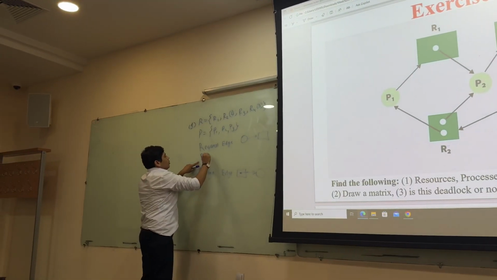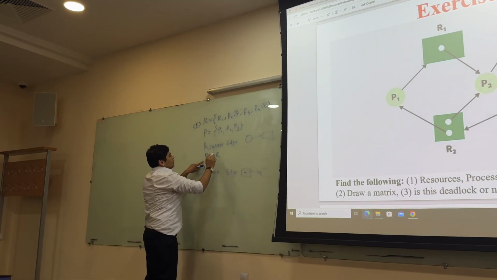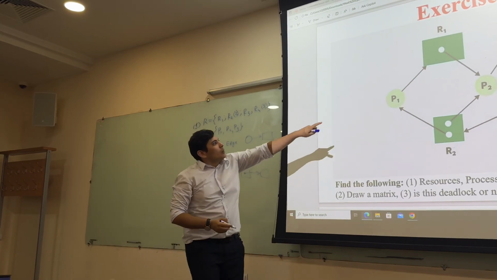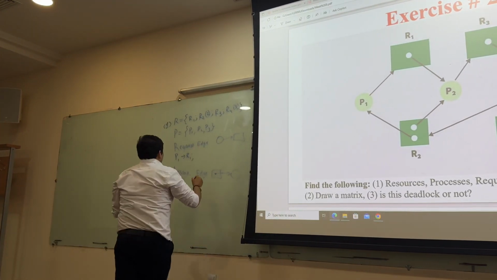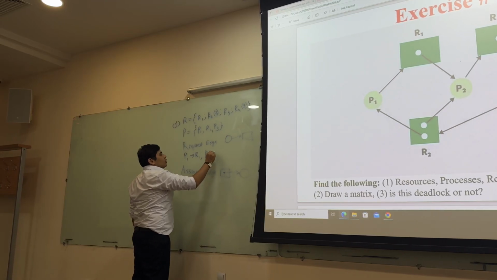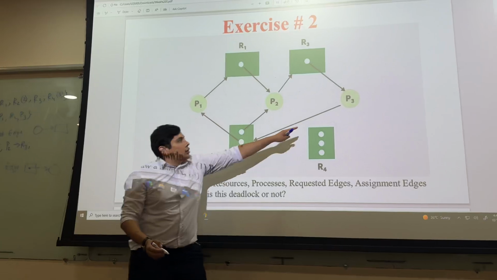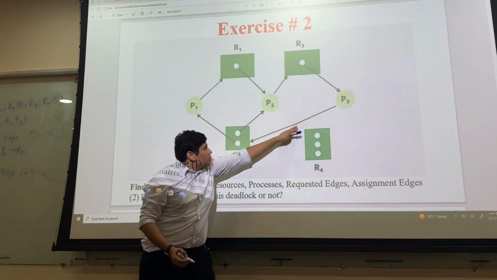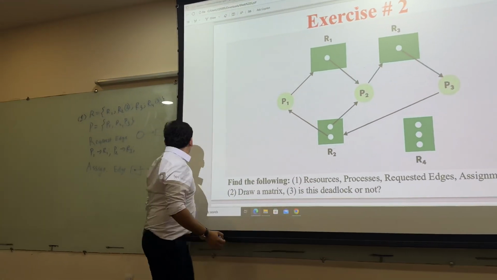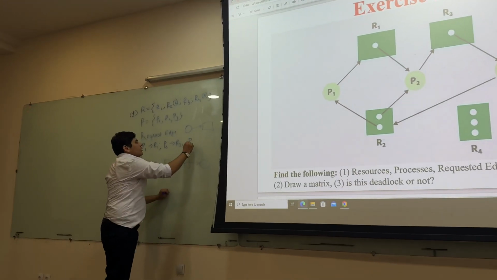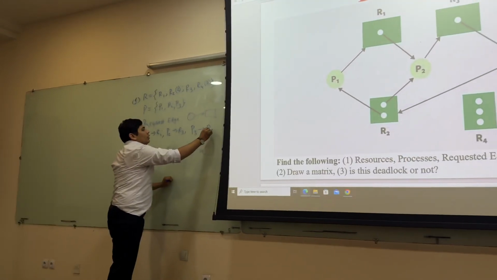The next one is P2 to R3. And then the next one, P3 to R2.